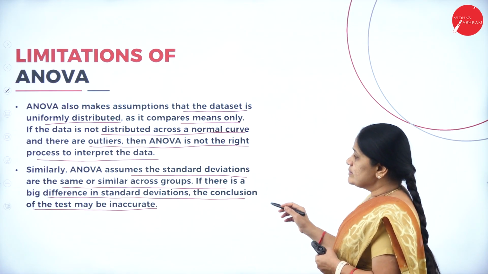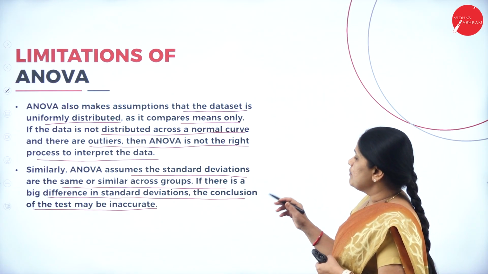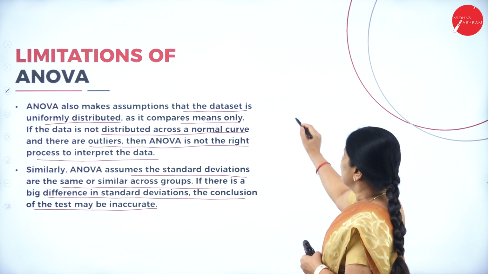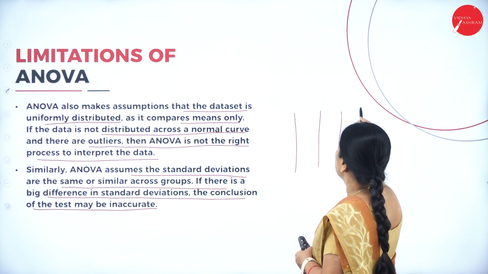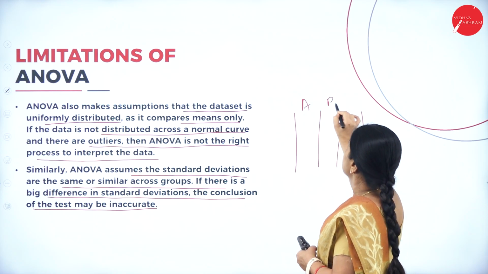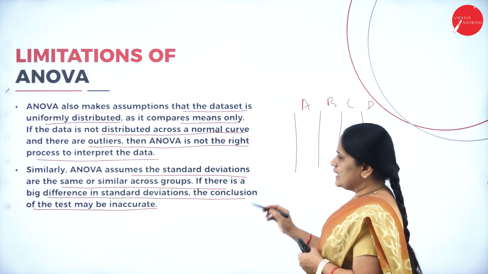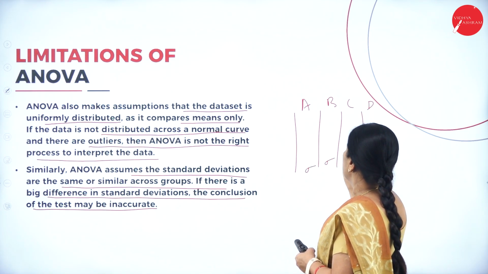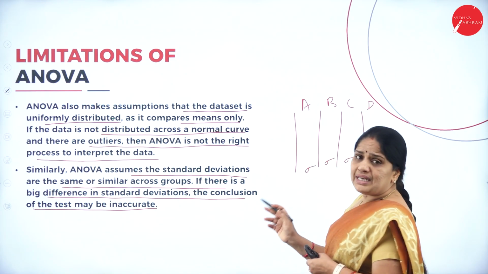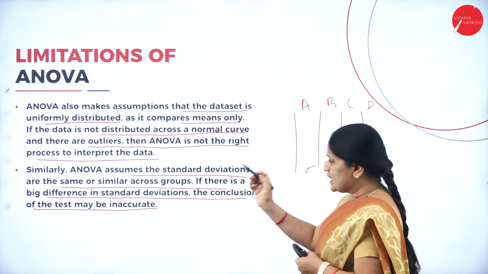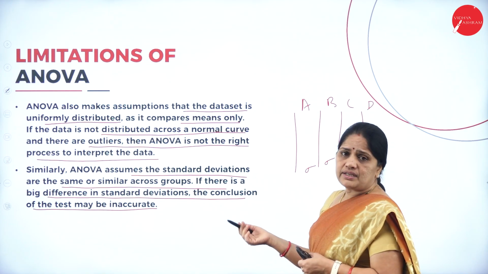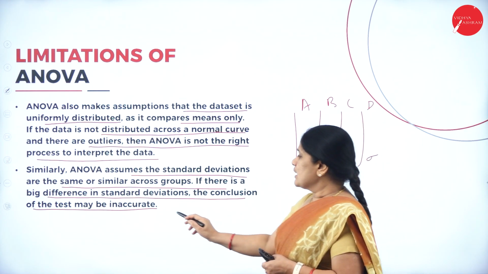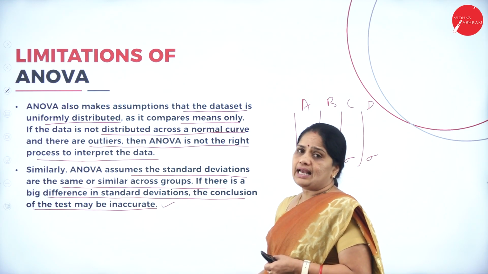When there is a comparison between A, B, C and D, it assumes that the standard deviations between them are the same or similar across the groups. If there is a big difference in standard deviation, then the conclusion of the test may be inaccurate.